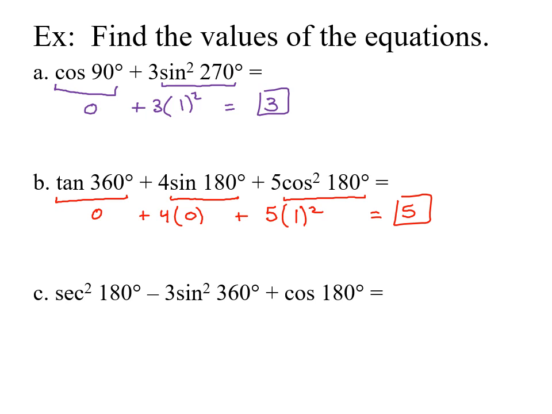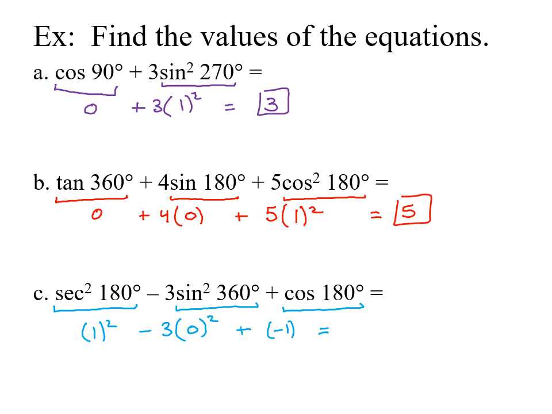And like on the other ones that we said a moment ago, secant 180, you don't have a secant on a calculator for most people. So you would type in cosine 180 and flip it. Cosine of 180 is 1, so if you flip it over, you'll get 1. Sine of 360 is 0, and that gets squared. And then cosine of 180 is negative 1.